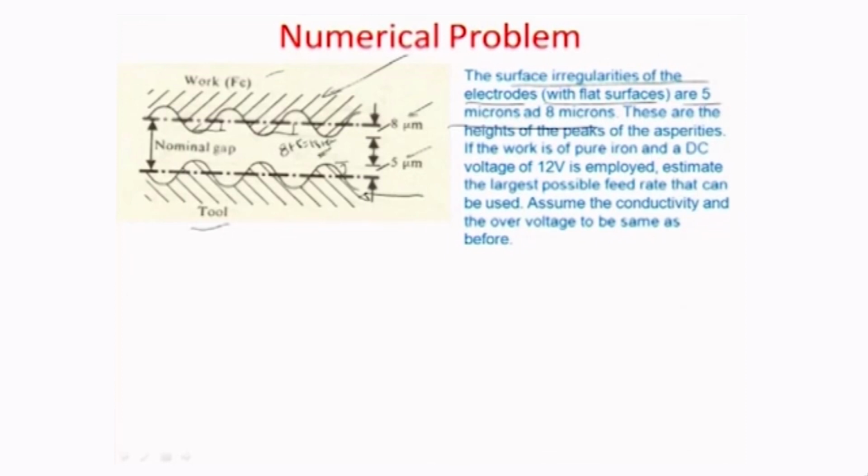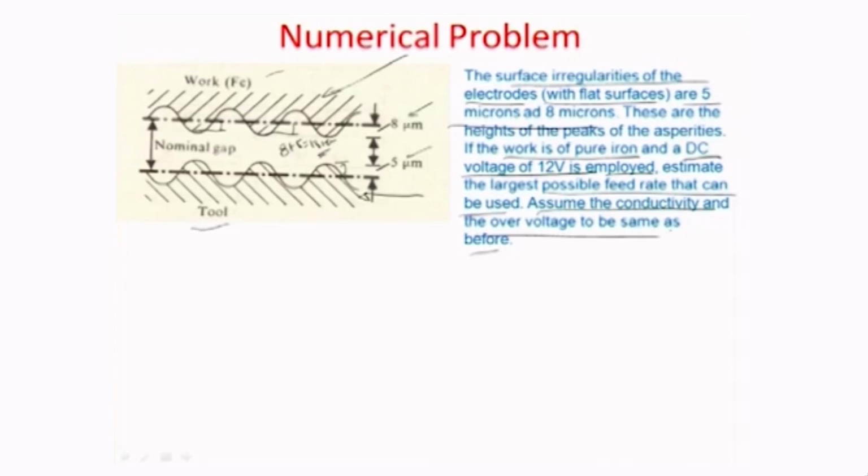Suppose the work is again of pure iron, which we assume for the sake of convenience. Iron is in fact the most machinable material with the ECM process also, and a DC voltage of 12 volts is employed. You estimate the largest possible feed rate that can be used, and you assume the conductivity and over voltage to be the same as before.